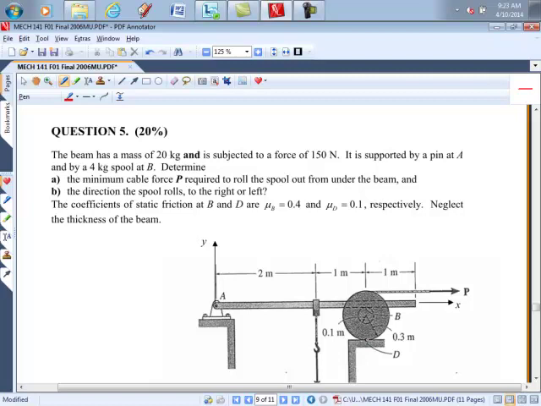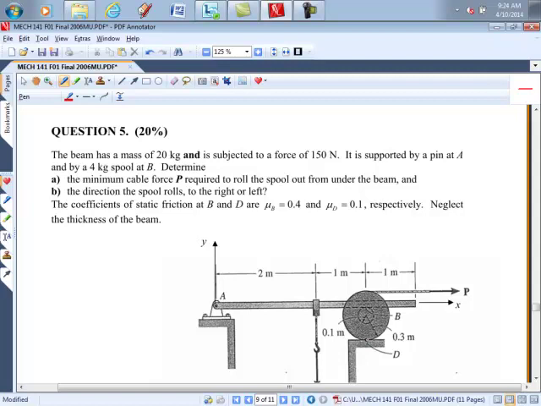Where do you think it's going to move? It could go to the right, it could go to the left. How are we going to figure it out? We're going to have to guess impending motion in one direction, and hopefully we guess right, but if we don't, then we'll know, and we'll solve it guessing the other way.